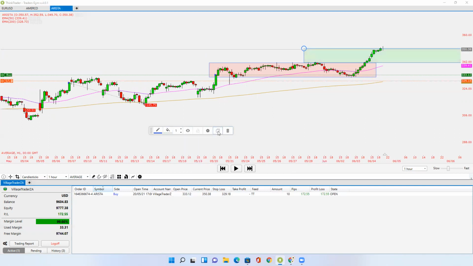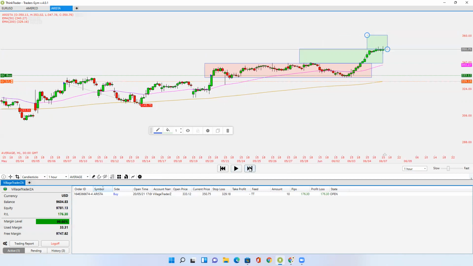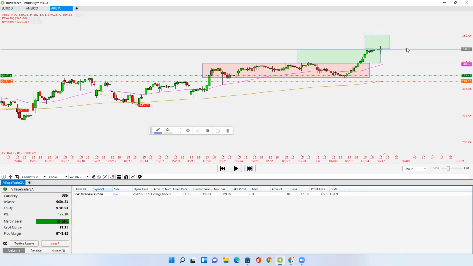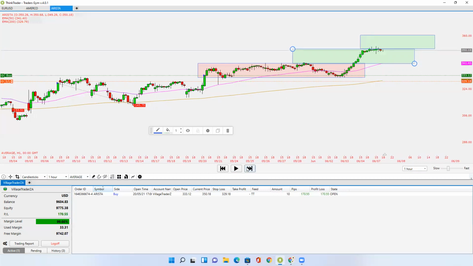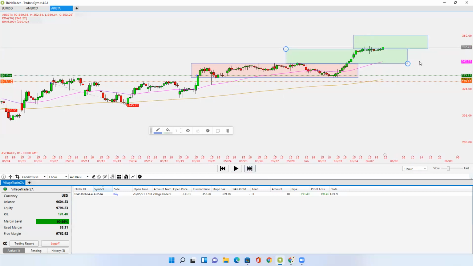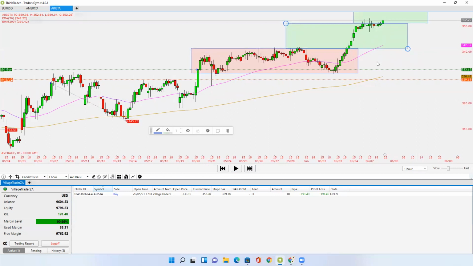Right? See how that behaves. There's our breakout there.